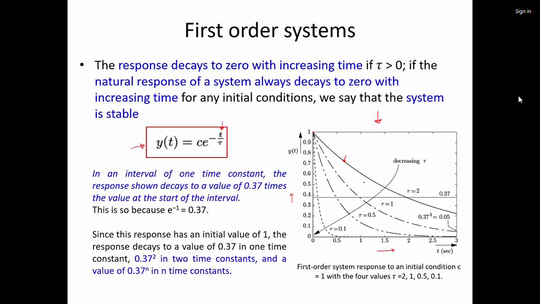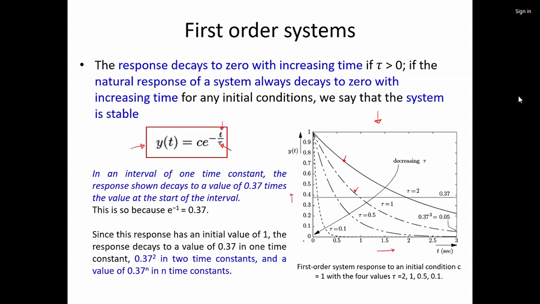Now this decay would depend on the time constant also. It will decay with time t, but it will also depend on the time constant tau that is in the denominator. For tau equal to 1, this is the curve.